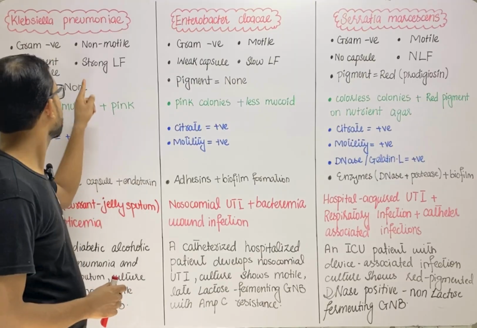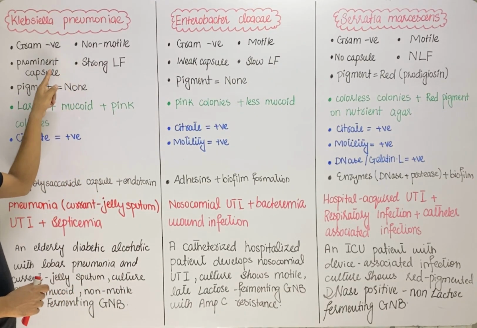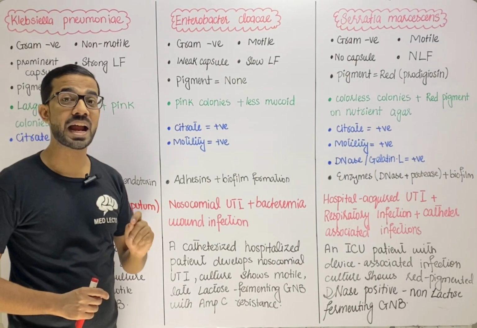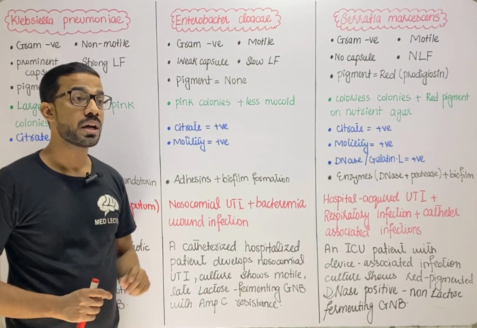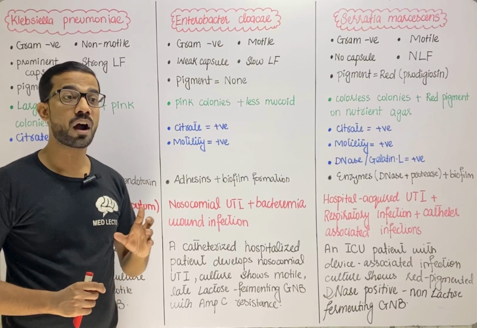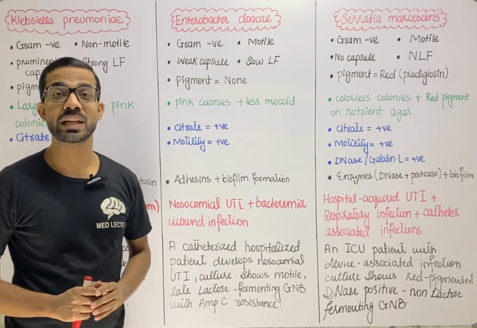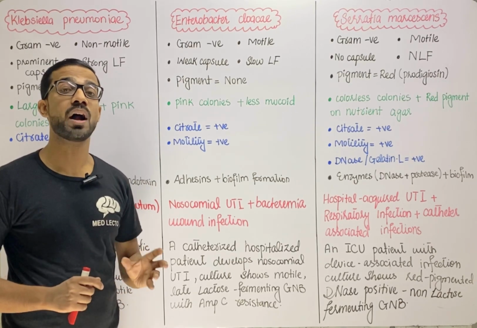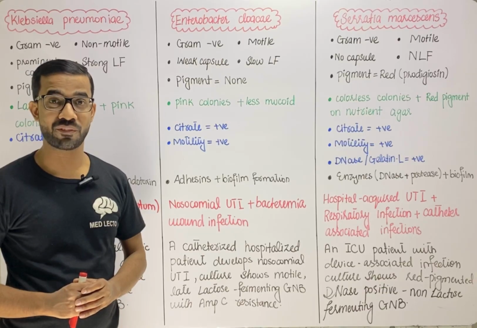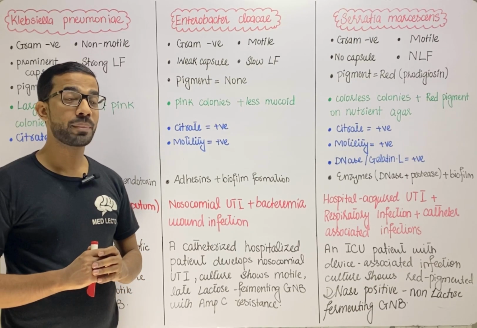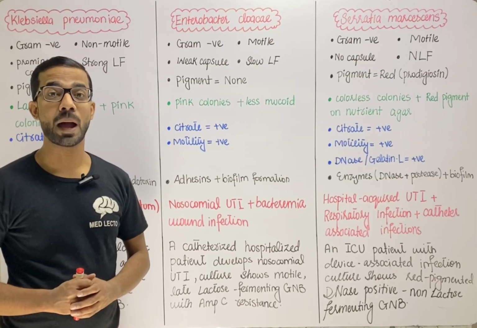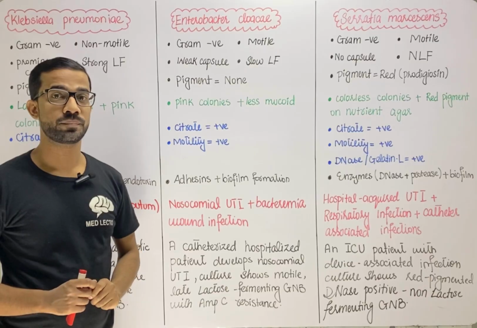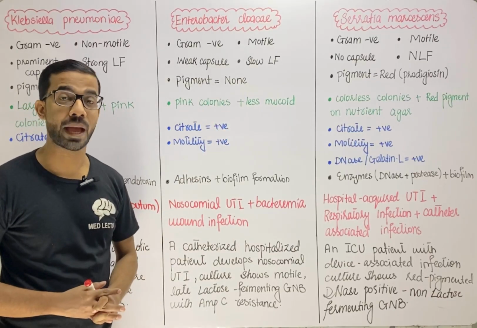Next, Klebsiella pneumoniae has a prominent capsule that acts as antiphagocytic, because our immune system cannot tackle bacteria having a capsule. KP has prominent and large capsules present on its surface, so it prevents this bacteria from our immune system, while Enterobacter has a weak capsule and Serratia has no capsule.